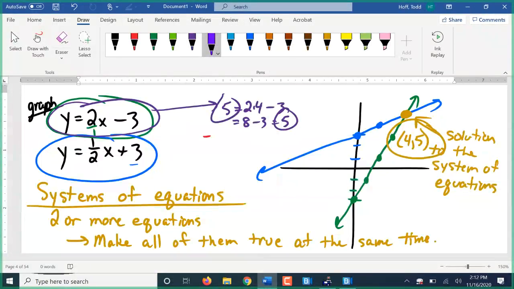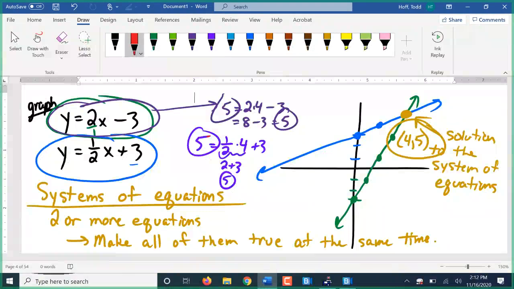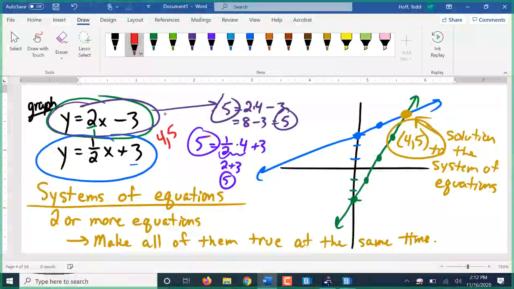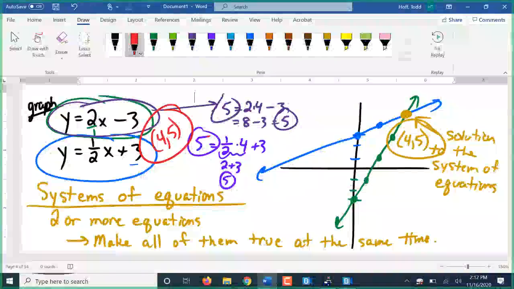For the second one, is y 5 when x is 4? Well, 1/2 times 4 is 2, plus 3. That is 5. I get 5 on both sides of the equation. So yes, that point makes both of them true. The solution to this system of equations is the point (4, 5). That's the one point that makes both equations true.